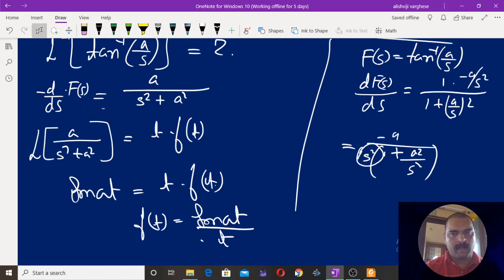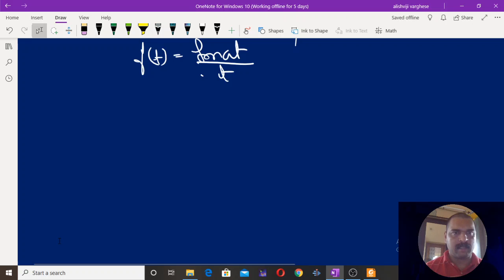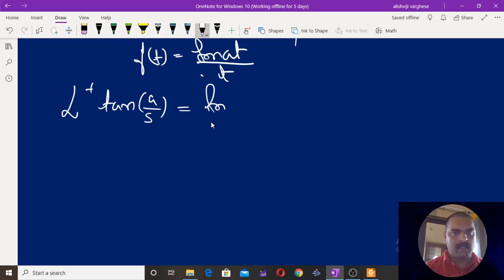So we find the inverse Laplace transform of tan inverse a by s: L inverse of tan inverse a by s is equal to sin at divided by t.